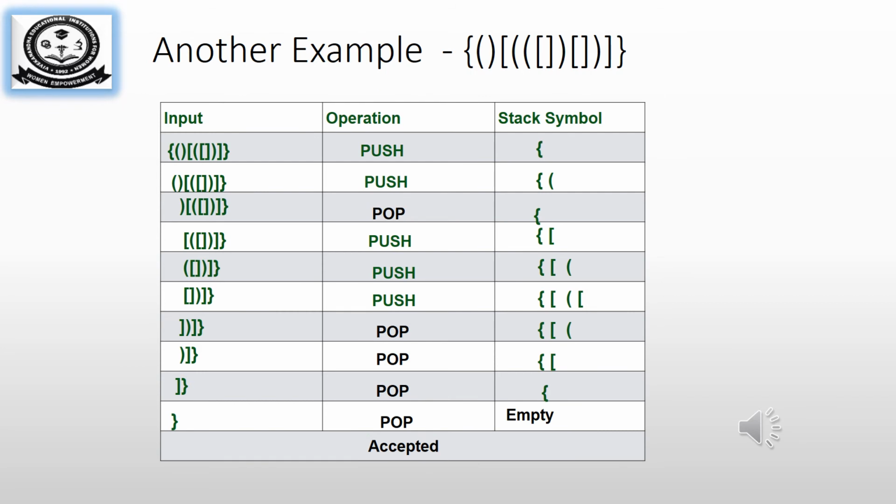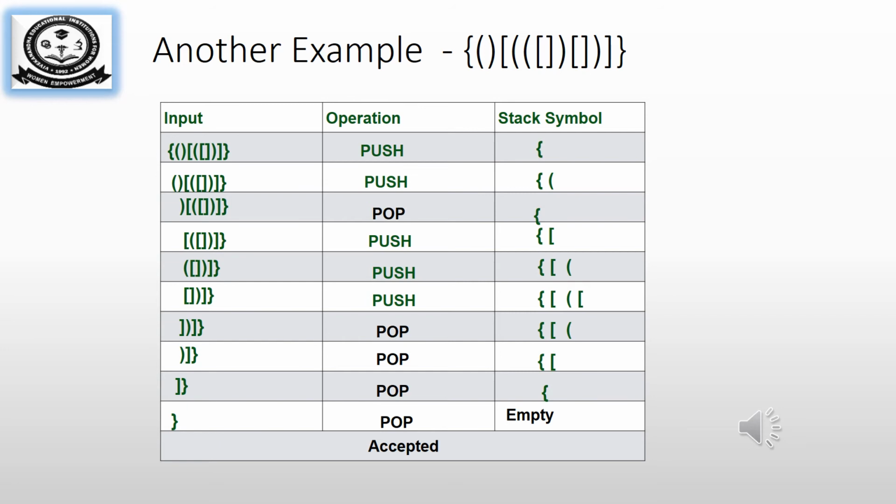Now we'll see how it works for the other types of brackets that are available. Let us check whether this expression is balanced, this time with curly braces and square brackets. The first operand is an open curly brace. All the open symbols are pushed into the stack, so the open curly brace is pushed.